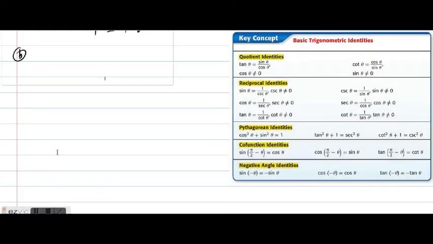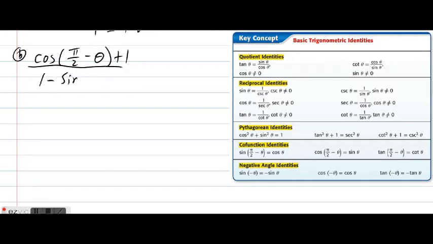Let's look at another example. If I gave you cosine of pi over 2 minus theta, plus 1, all of this divided by 1 minus sine of negative theta, I want to prove that that all equals 1. So again, here we go.